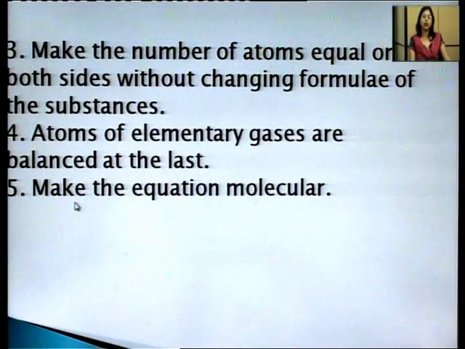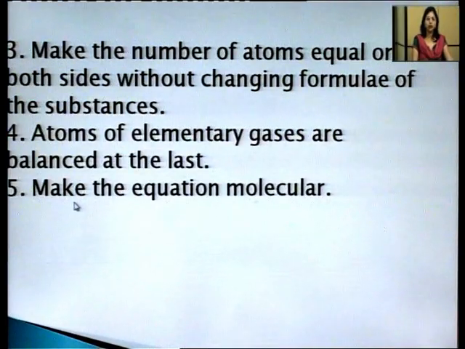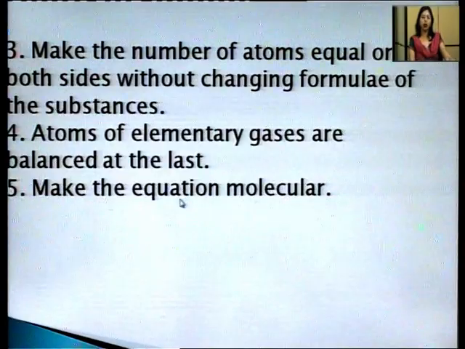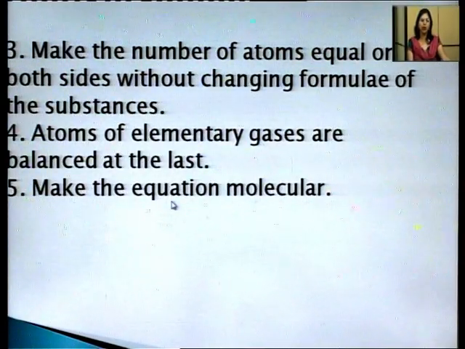So finally, as we converted the molecular form into atomic form in the second step, now make that equation molecular again, means convert atomic oxygen into molecular oxygen, atomic nitrogen into molecular nitrogen, and atomic hydrogen into molecular hydrogen.